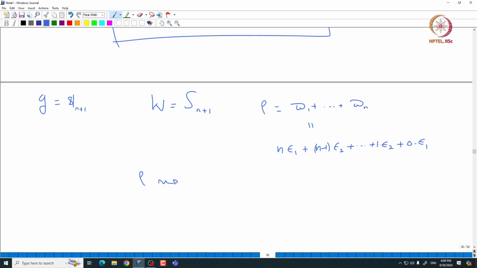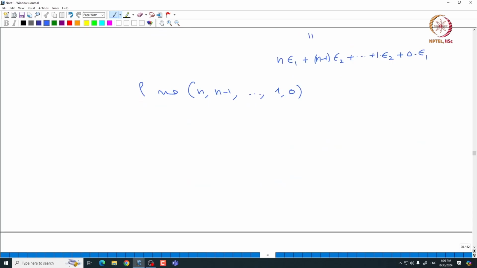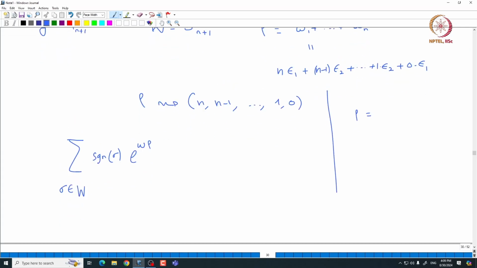So, rho is identified with the tuple (n, n minus 1, and so on, 1, 0). Now, if you take the sum side of the denominator identity, the summation over sigma in W of sign of sigma e power W rho can be written as follows. Now, rho is written in terms of this epsilon i basis: n epsilon 1 plus n minus 1 epsilon 2 plus etcetera plus 0 times epsilon n plus 1.